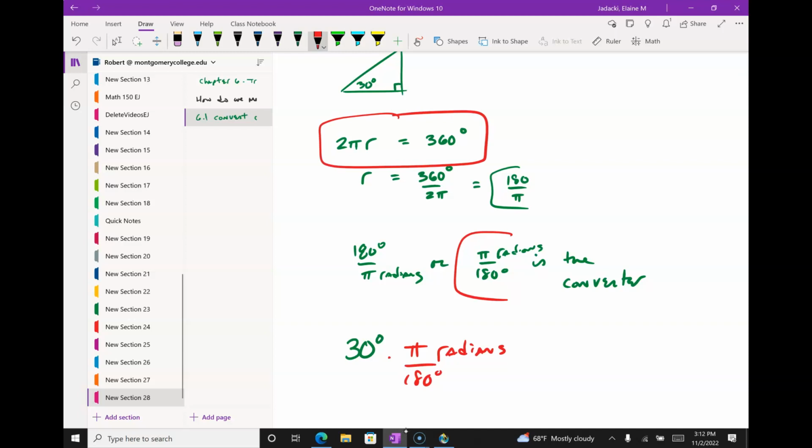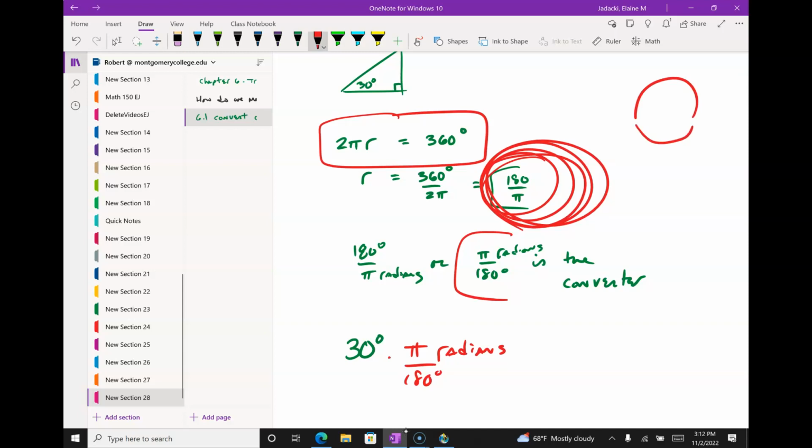So what number is this, 180 degrees over pi? 180 degrees is half the circle, right? The whole circle is 2 pi, yes? So what's 180 over pi? 1. Half the circle over half the circle. So I'm just multiplying this by 1.